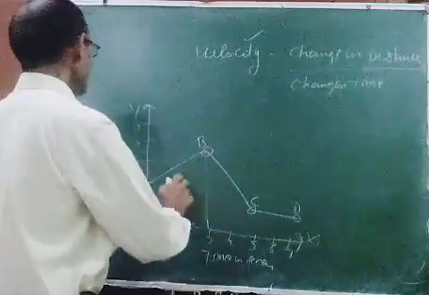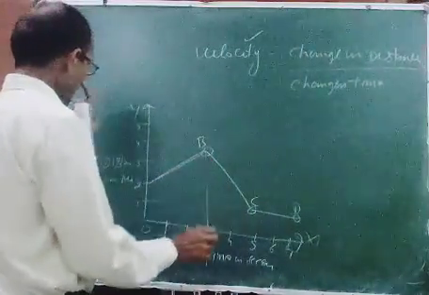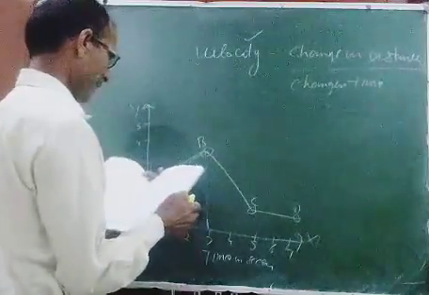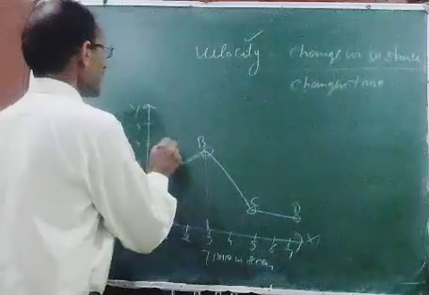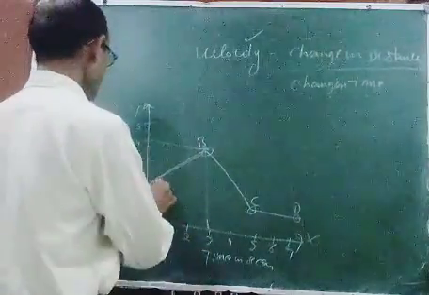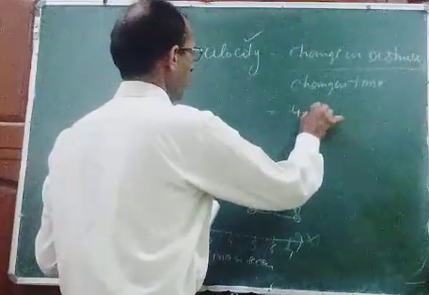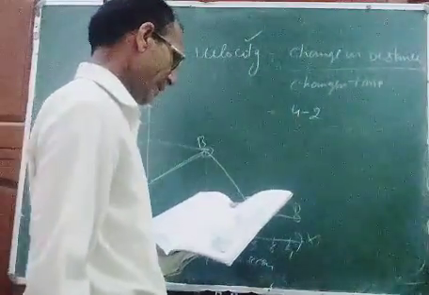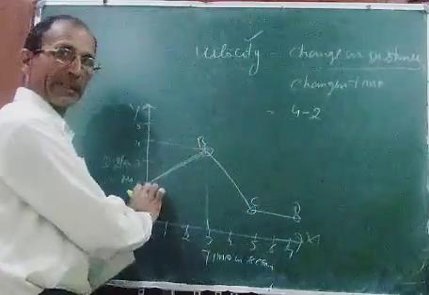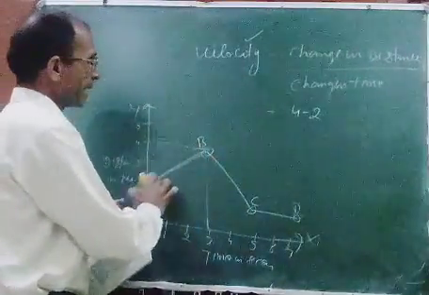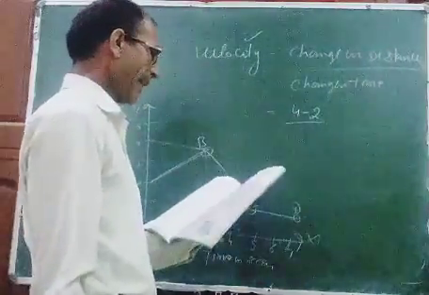So the change in distance, this is given, it means distance is 4, this is 4 and this is 2. So change in distance is 4 minus 2, 4 minus 2 meters, because up to here this is 4 meters and this is 2 meters. So 4 minus 2, change in distance, and change in time.